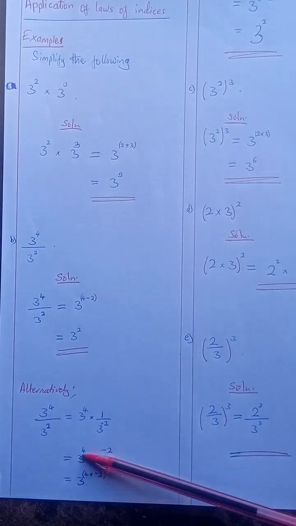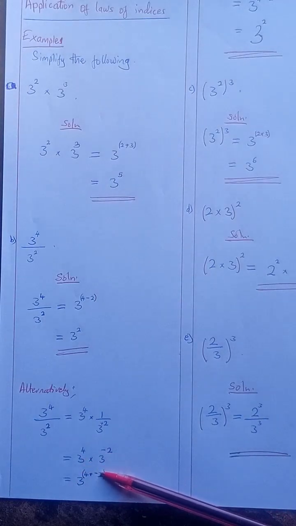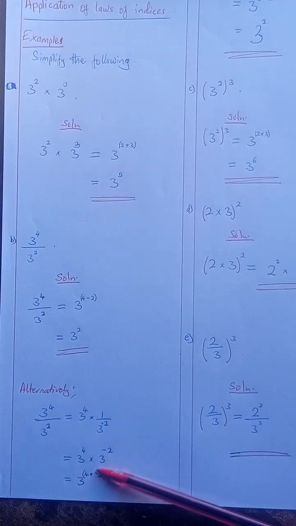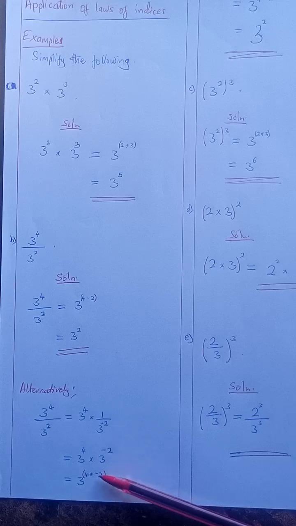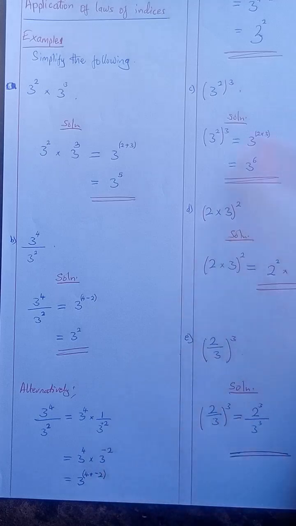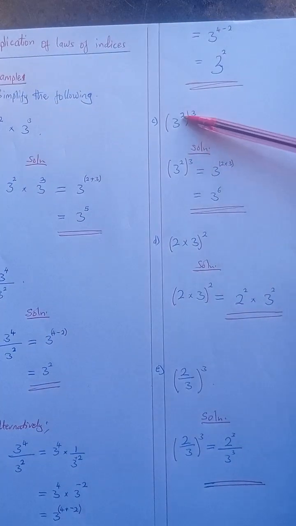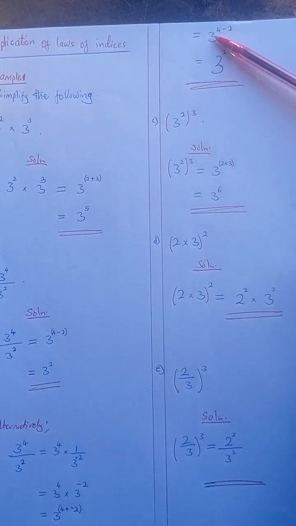So the first power here is 4. Then when we add negative 2 to it, we shall have 4 plus negative 2. Since here we have two signs, plus and minus, what we do, we multiply the two signs so that we can get only one sign. And when we come up here, that is what we are going to do.